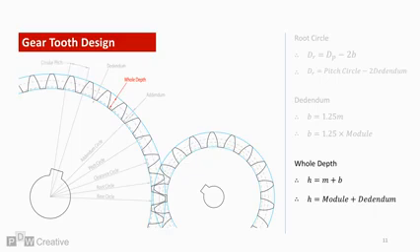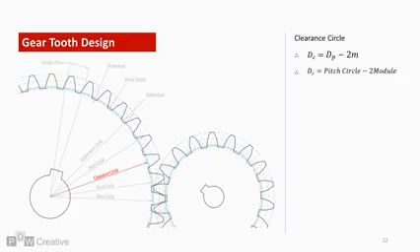The whole depth of the tooth profile, or height, is therefore module plus dedendum. So the clearance circle should now be a formality. It must be larger than the root circle, and it intersects with the addendum circle of the meshing gear. The clearance circle is found by deducting 2 times the module.